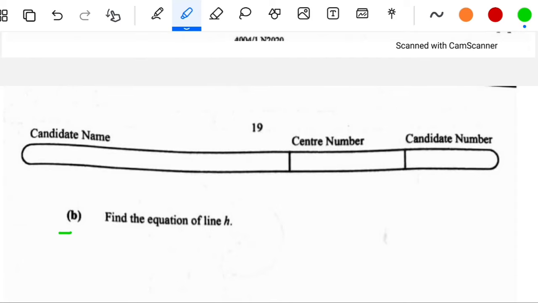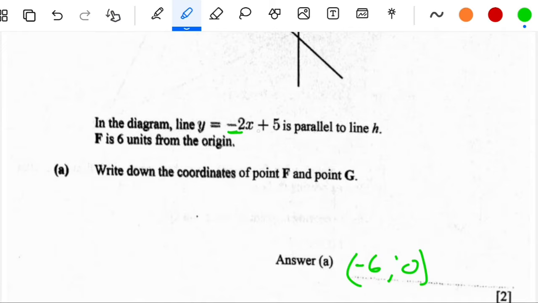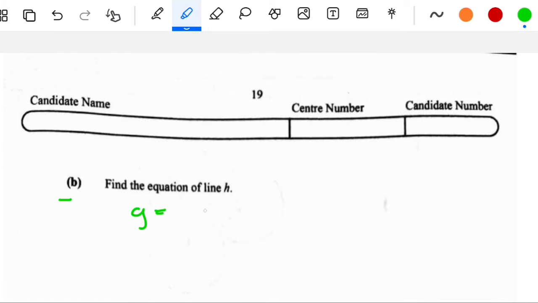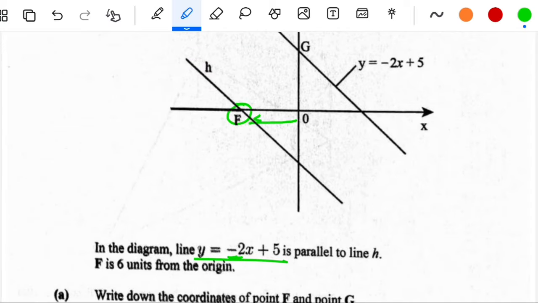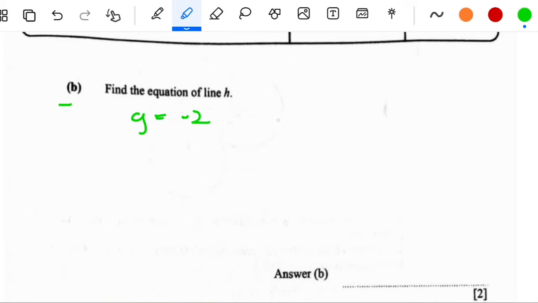Then going to B, find the equation of line H. Okay, so we know that our gradient equals this one here, negative 2, because H is parallel to this line and parallel lines have similar gradient. So here is negative 2 gradient, so we need 1 point on H, which is this one here. So having our point, which is negative 6, 0, we can find the equation of a line very easily.